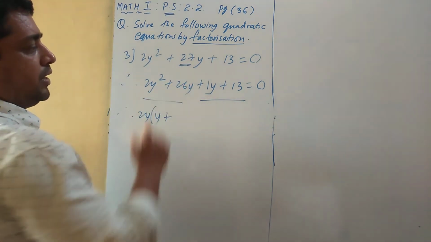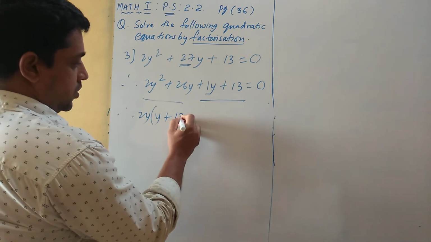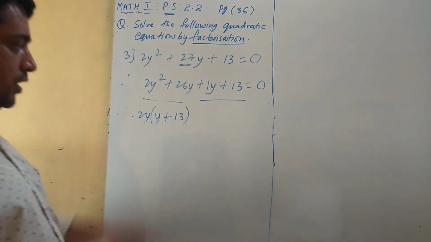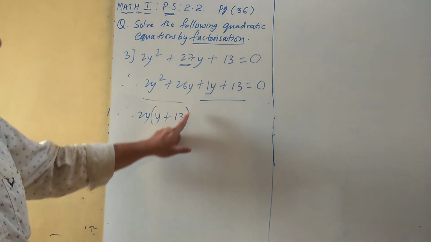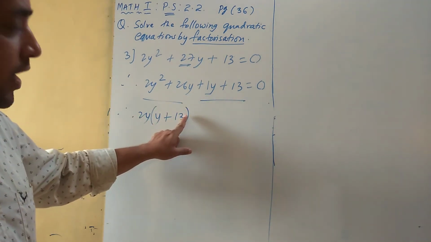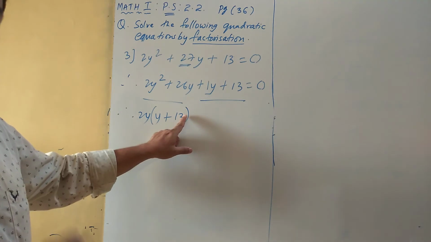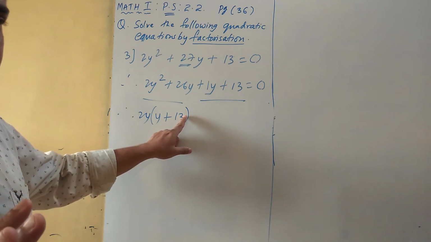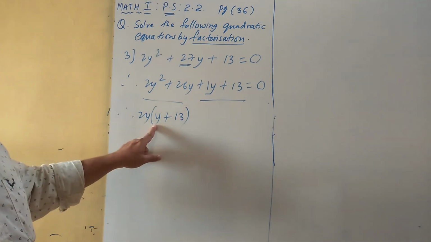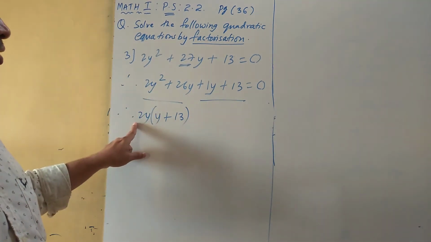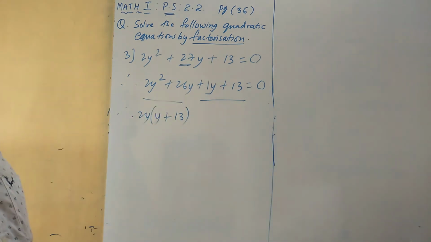Similarly, 2 how many times is 26? 13 times. So I can write 13. Now don't take y here. Already you have taken y as common. Some of you have the bad habit of writing y here also. Again the sum goes wrong. You get 0 for that. Silly mistakes, so avoid them. So 2y into y is 2y square. 2y into 13 is 26.